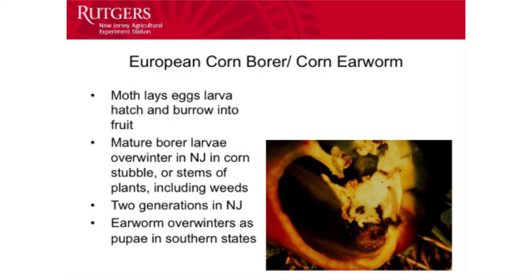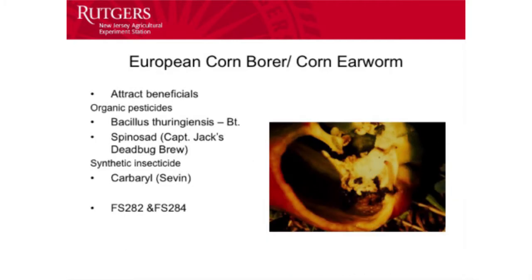This is the pest that George was trying to control with that study, using flowers to attract beneficials so that they would go over there and eat the eggs and larvae of this pest before it got inside the fruit. So as mentioned here, attracting beneficials is one way to help keep it under control. All the other materials, you've got to apply early on in the season before that worm gets inside, where it's got a nice protected area to feed on your pepper.